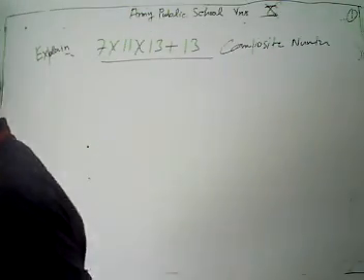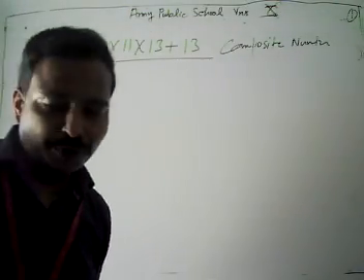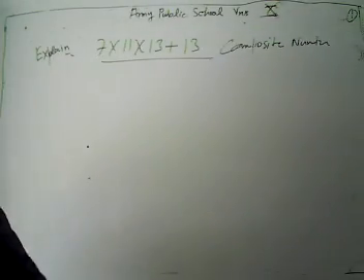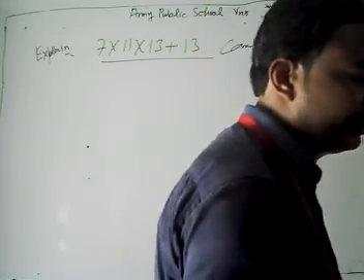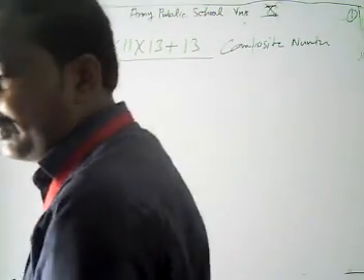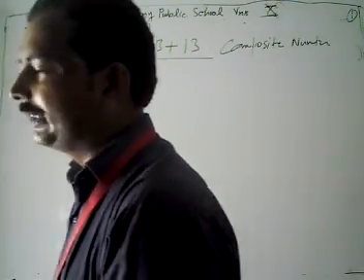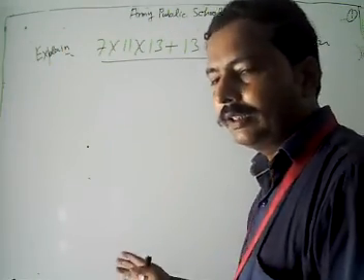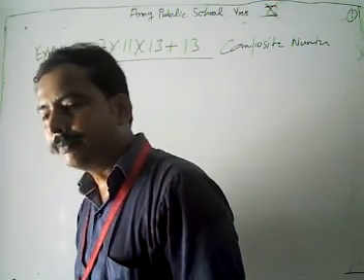Now look, how do we show a composite number? To show that a given number is composite, we have to show that it has more than two factors. If we are able to prove that the given number has more than two factors, then automatically this number is a composite number.